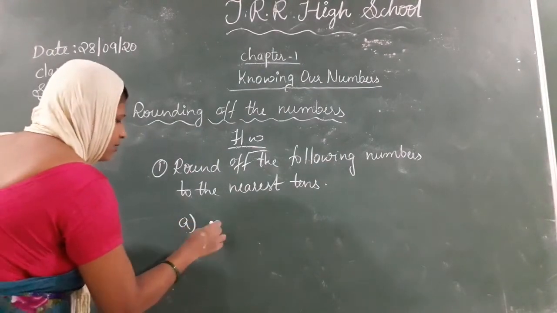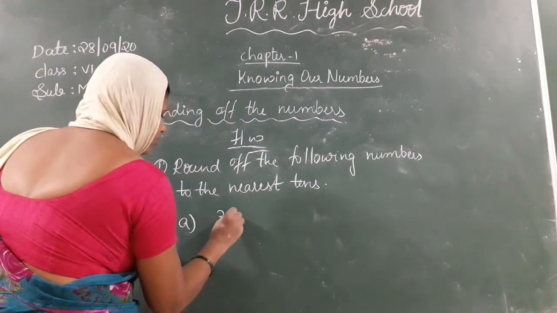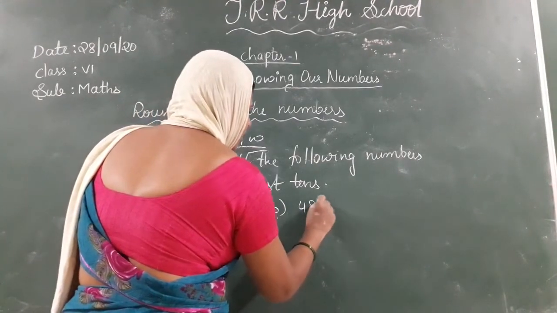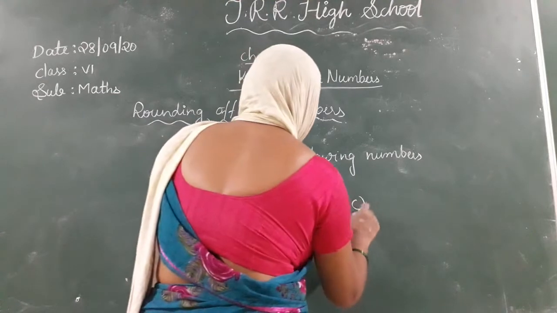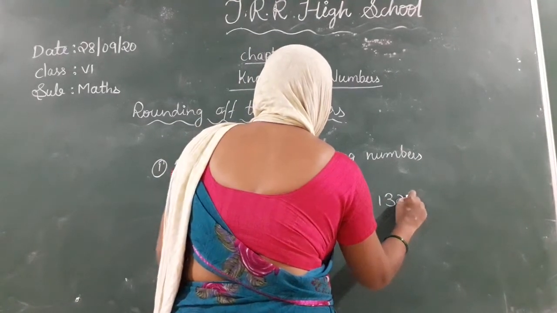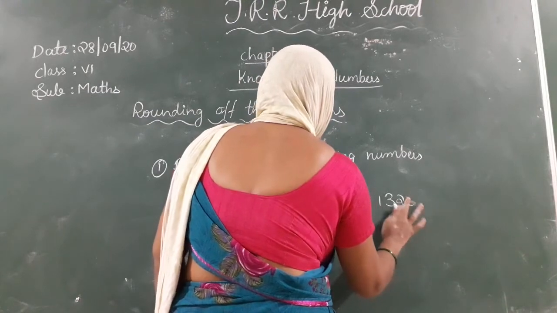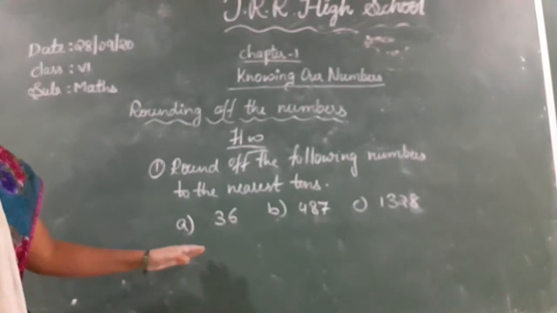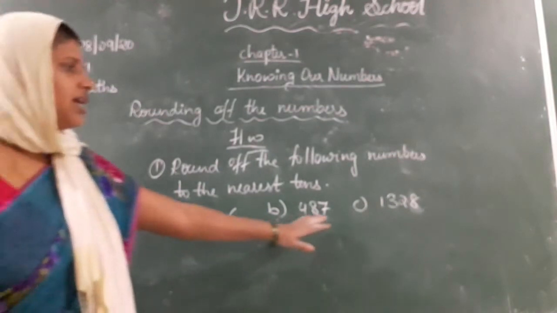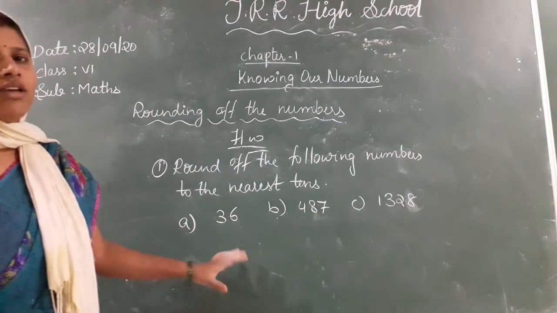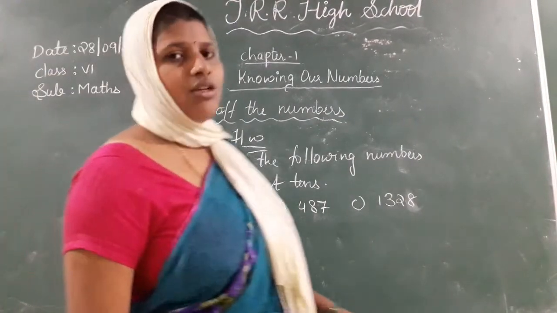First one is 36,487,28. Okay. So already I have explained with the tens, hundreds, or thousands, and the same questions I am giving you. Okay, children. So this is your homework.